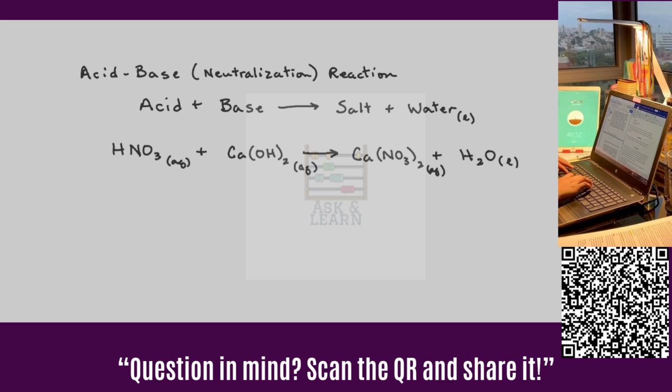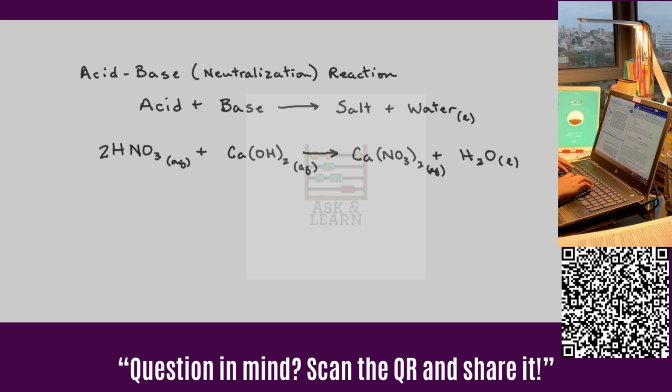Okay, so these are our reactants and our products. Now we need to balance this. Since hydrogen occurs in a couple of these reactants, I'm going to start with the nitrate. There's 1 nitrate on the left, but there are 2 on the right. So I need a 2 in front of the HNO3. All right, then there's 1 calcium on each side. That's good.